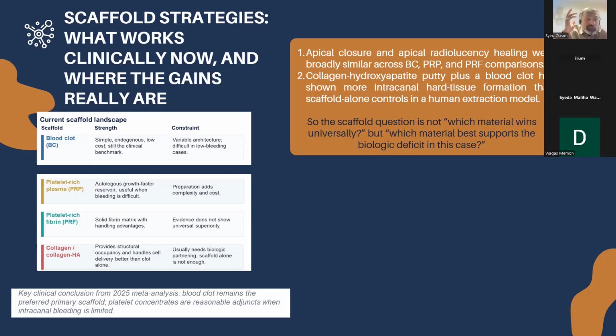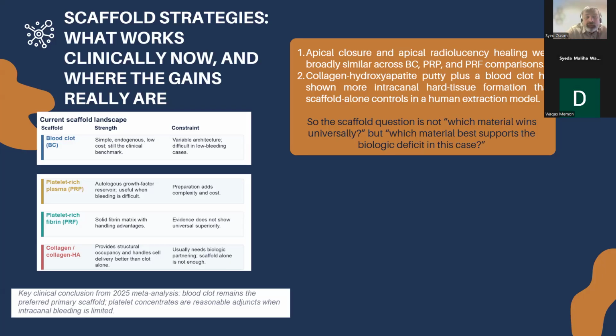It's low cost. Still, it's considered a clinical benchmark. The constraints are variable architecture, difficulty, and low bleeding cases as well. So this is just a little highlight. Then PRP, PRF, and collagen-based HA have also been used. Okay, this is the current landscape.